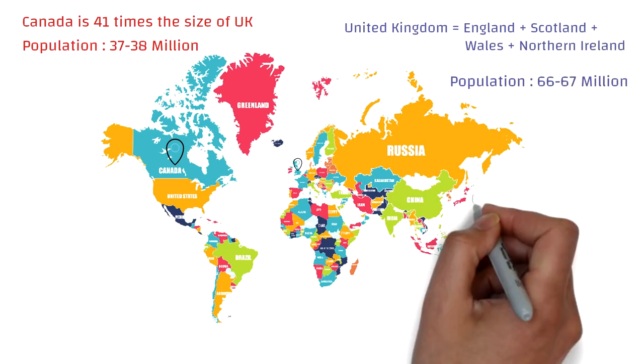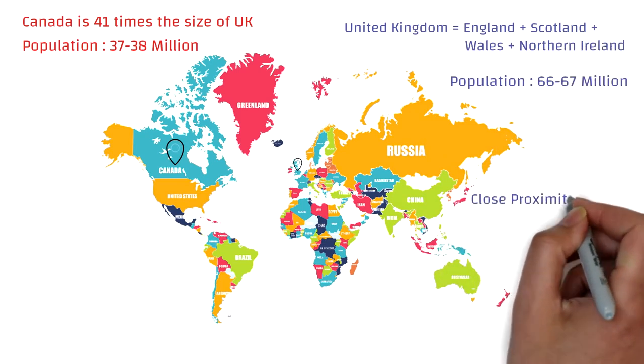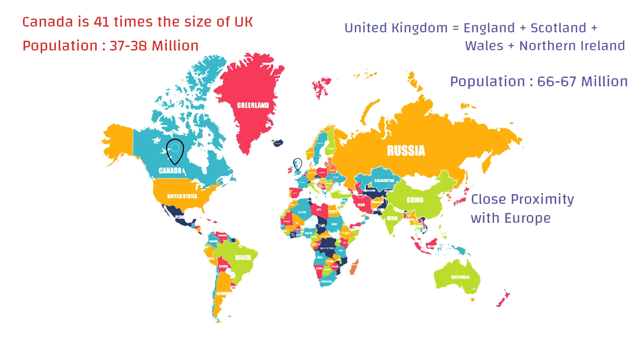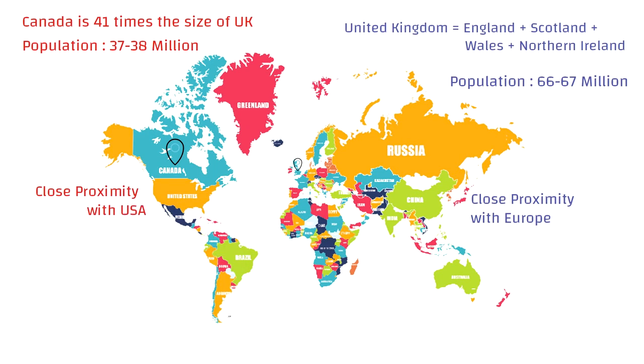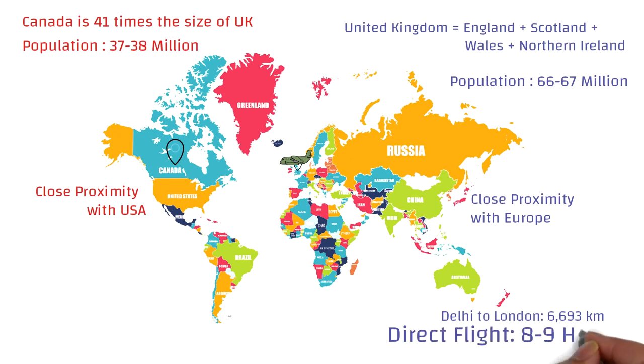Now if you're there in UK, you have a benefit because of its proximity with Europe, while if you're in Canada, you have the benefit of its proximity with US. Now let's say that you're planning to immigrate from India to UK. Let's say from Delhi to London, the distance is around 6,700 km, which means the direct flight would actually take around 8 to 9 hours.